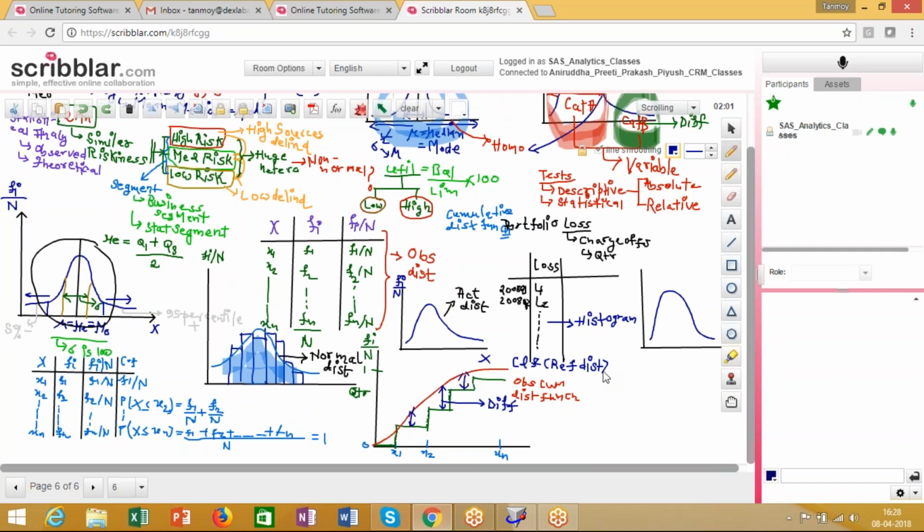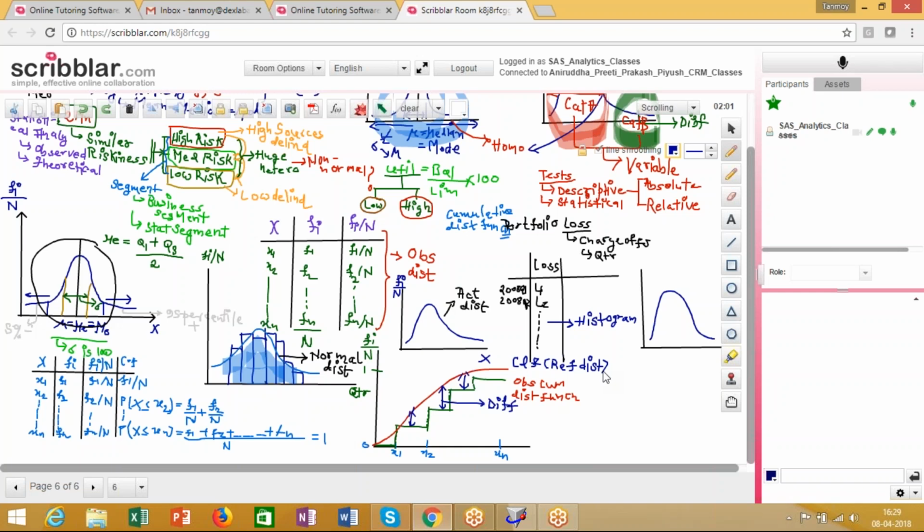So what are we trying to do over here? We have an observed distribution, right? Now we are trying to test whether that observed distribution is following a normal distribution or not. And that is why the reference distribution for us will be the normal distribution.